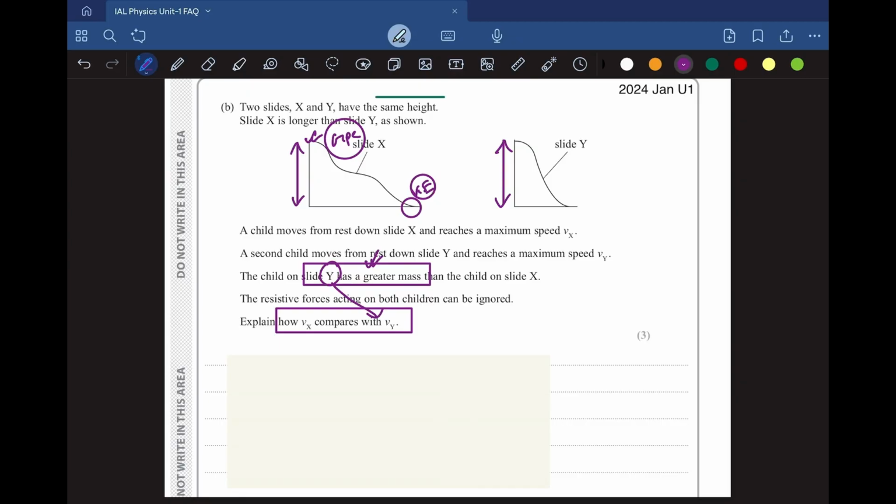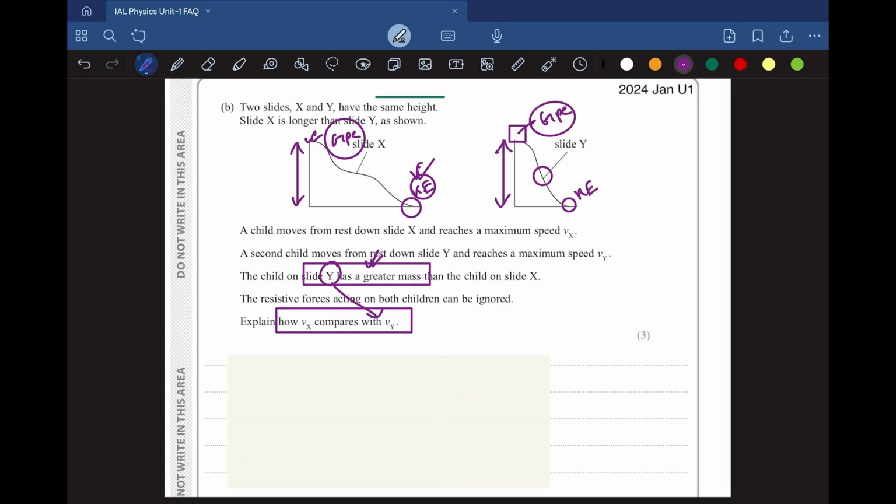Their gravitational energy will be converted into kinetic energy. While they are sliding, it is also being converted into kinetic energy, but right here they will have their kinetic energy. The same is happening for this position. Here they will have their GPE, and right here it will be their kinetic energy. While they are sliding they have a velocity, just because the gravitational potential energy is converting into kinetic energy. This is the main concept.